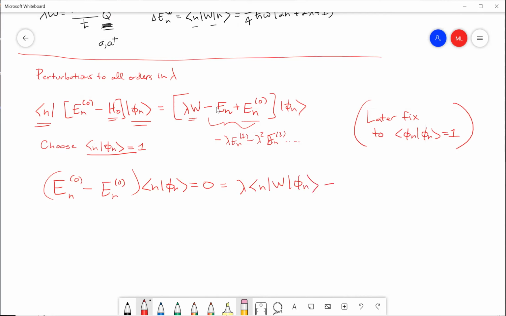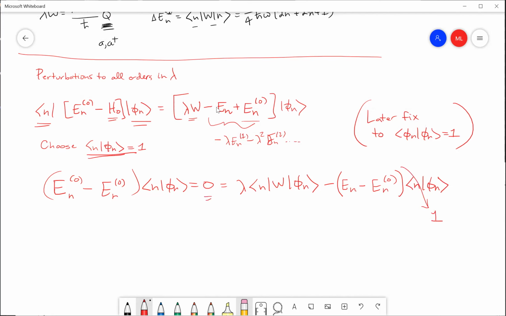And then I'll get minus, these are all constants, so I'll get minus En plus En0, and then, well, okay, so let's see, what's a nice way to, right? So maybe I'll put a minus here, I'll put all this in parentheses. And then out here, I'll just get ⟨n|phi n⟩. And we're going to choose this normalization so we can drop this part. This is just going to be 1. And all this is equal to 0.